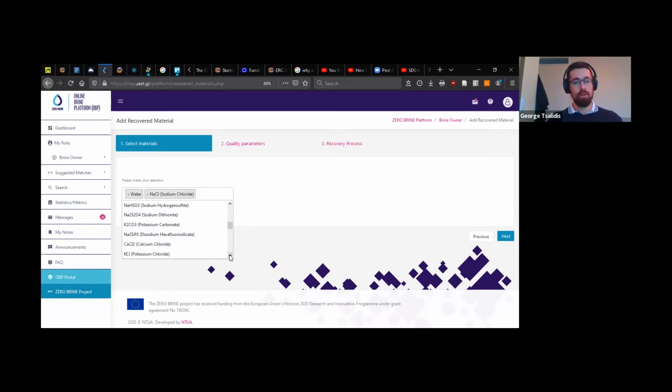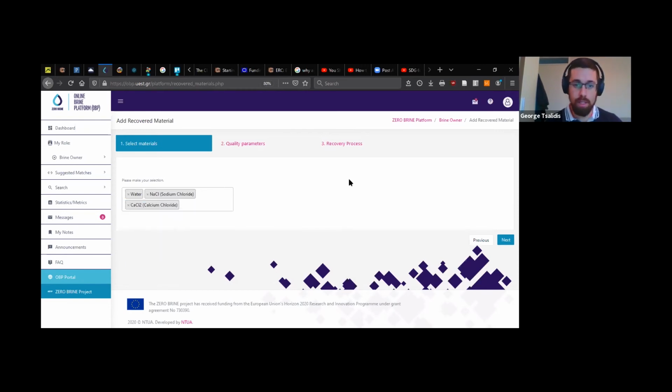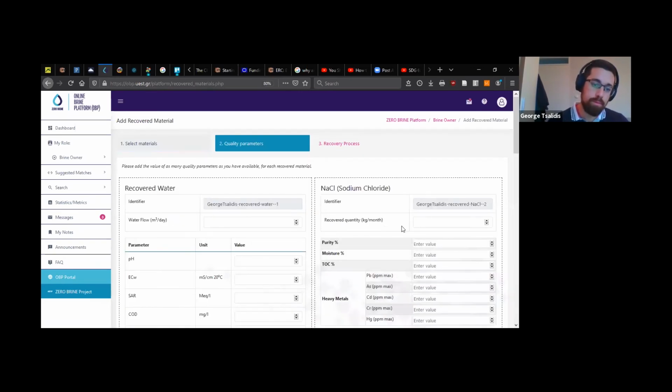And I don't necessarily have to search for it. I can also write it down and then it will filter out the rest of the materials. Then I will press next and go to the quality parameters.